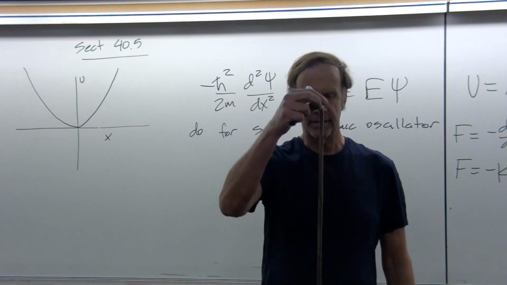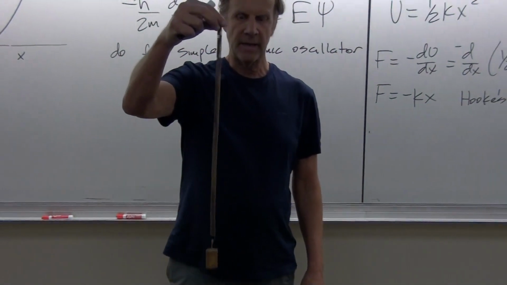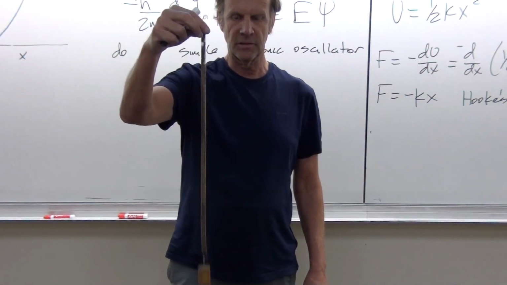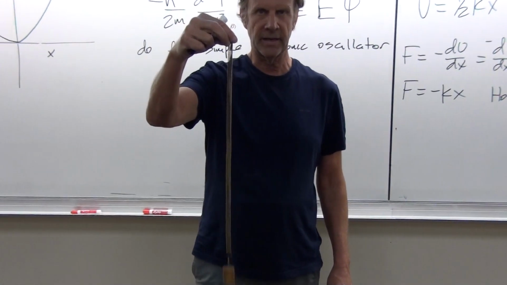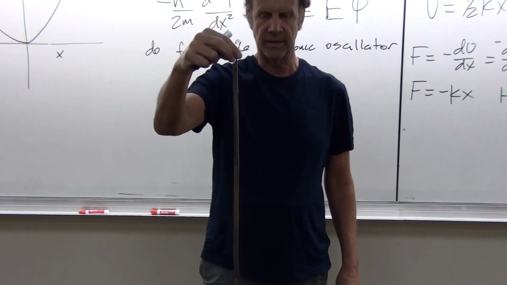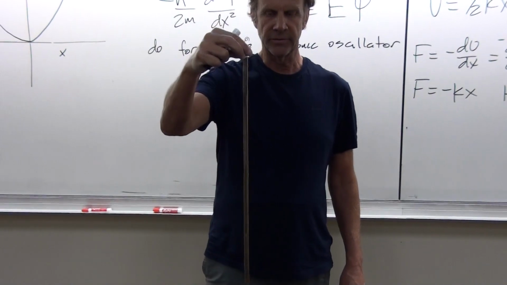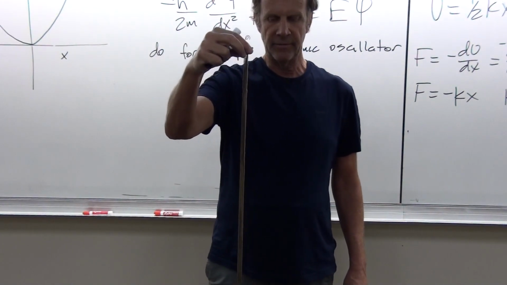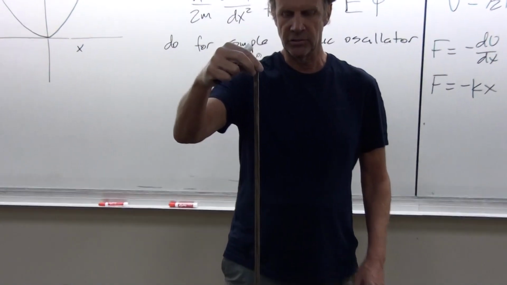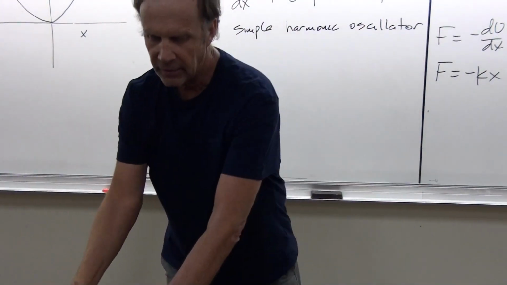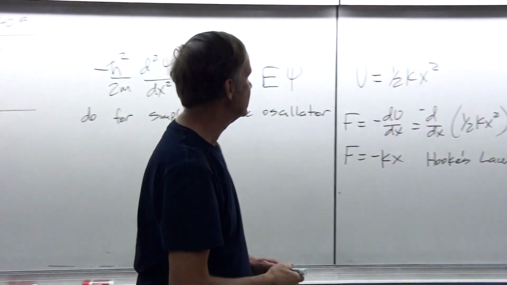Okay, a mass on a spring experiences simple harmonic motion, and we've already had a section on that in Physics 208A. There's always a restoring force proportional to the displacement of the mass away from the equilibrium position.